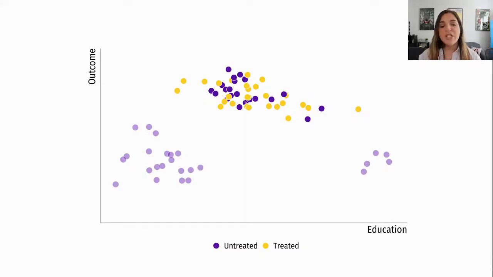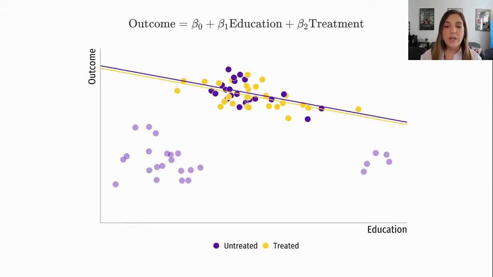But now what happens if we just focus on the region that is more on the overlap section? So basically this, where we have both treated and control units. As you can see, if I fit now the same model that I fit on my first try, the effect that I find, that beta 2 now, is very small, right?